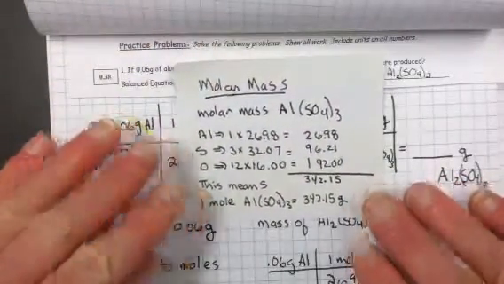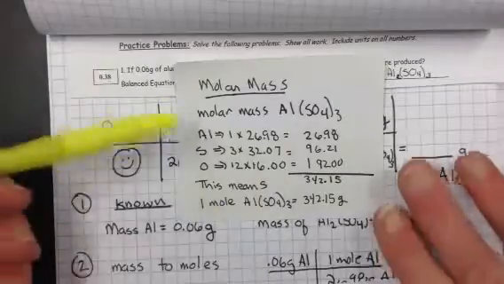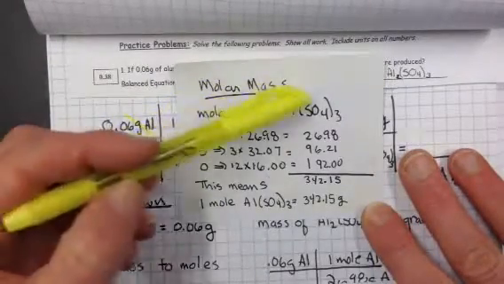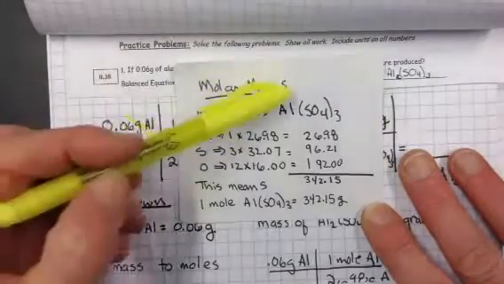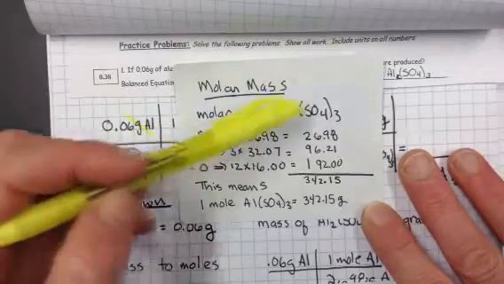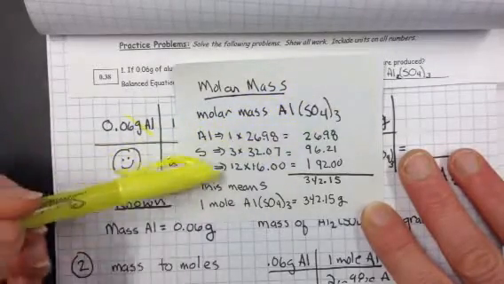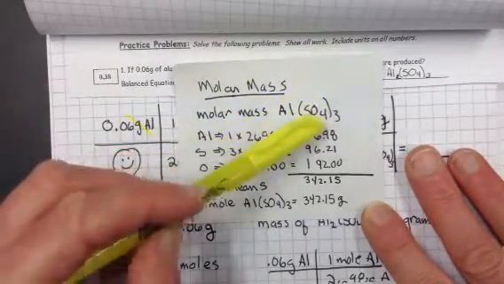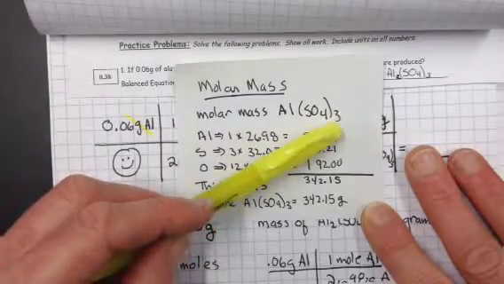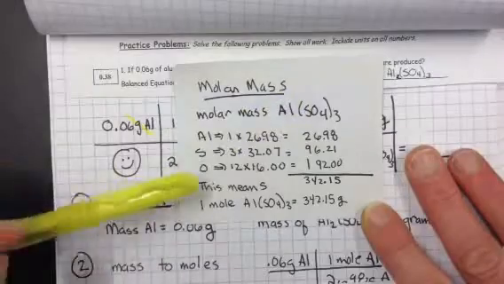I calculated out the molar mass just like we've been doing. 1 mole of aluminum, 1 particle of aluminum. There are sulfur, we have 3, and oxygen 12. That's a harder one. There's 4 of them in our polyatomic ion, but we have a subscript of 3. 3 times 4 is 12.